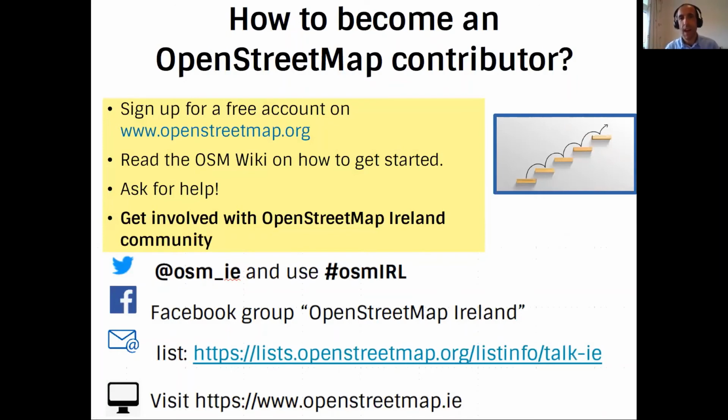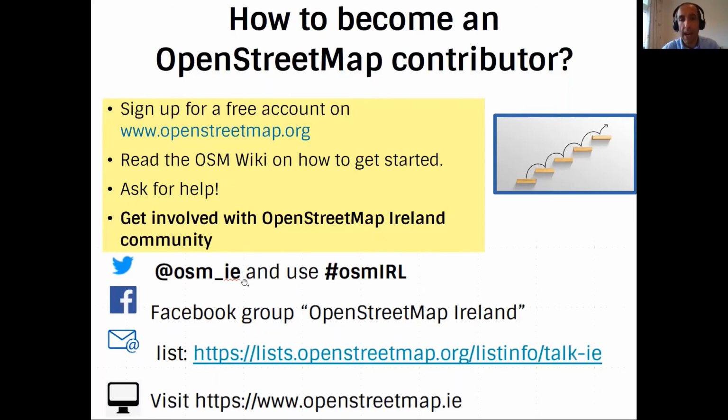But if you were interested and motivated to become an OpenStreetMap contributor, the best thing to do is to sign up for the free account at openstreetmap.org. That will give you a link to the wiki, or basically the website of OSM.